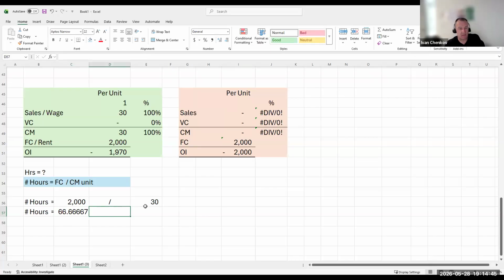Now let's pretend that your working day is 7.5 hours per day. So in other words, you have to work this one divided by 7.5 hours. You need to work almost 9 working days to cover your rent expense. That will be days, and that will be hours.